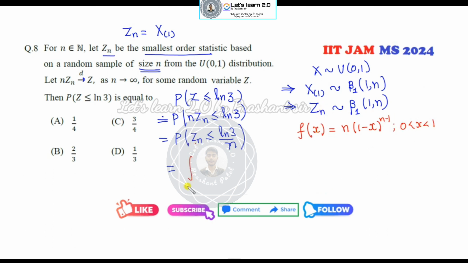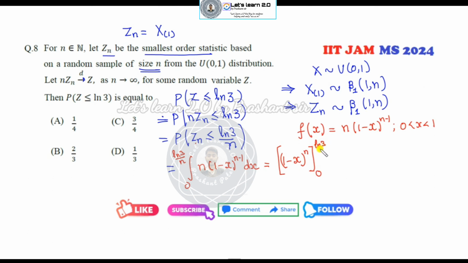So this is my x, so I can integrate from 0 to ln 3 over 3. So this is n(1 - x)^(n-1). n will be outside, so in the integration n will be cancelled out. If you integrate them, it is (1 - x)^n.